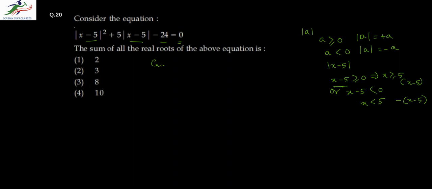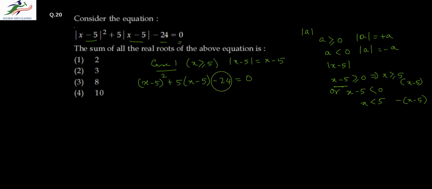Case 1, where x is greater than or equal to 5, and hence modulus of x minus 5 is equal to x minus 5. So putting this, we get x minus 5 whole squared plus 5 times x minus 5 minus 24 equal to 0. To break minus 24 to give plus 5, we have to break it into plus 8 and minus 3.